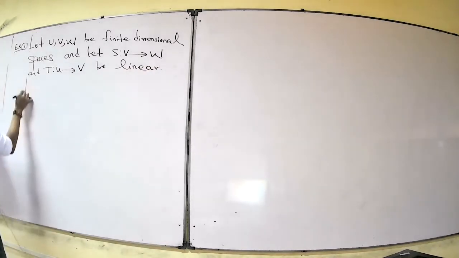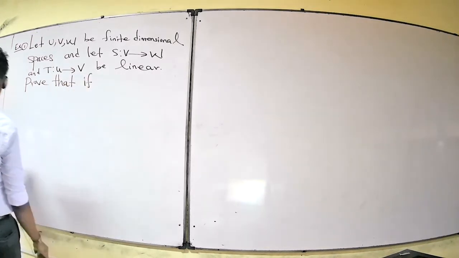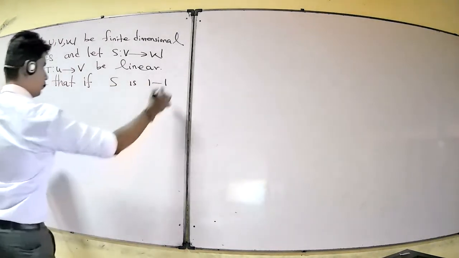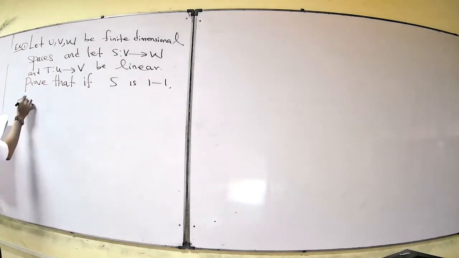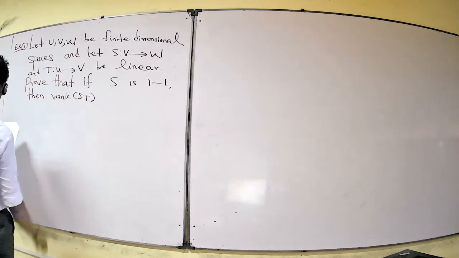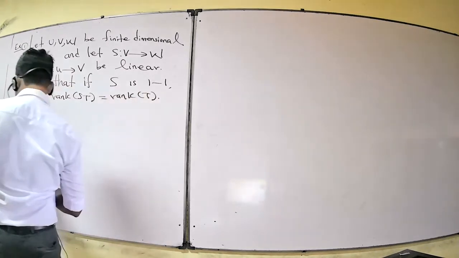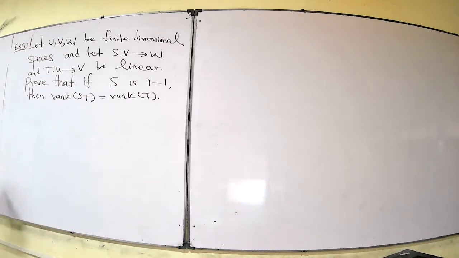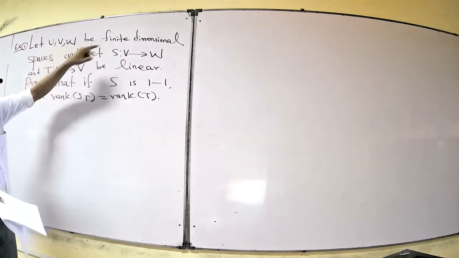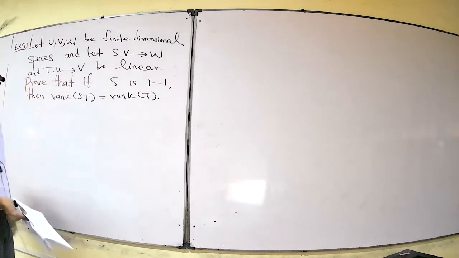Prove that if S is 1 to 1, then rank of ST equals rank of T. Okay, U, V, W are finite dimensional spaces, and S: V to W and T: U to V are linear.